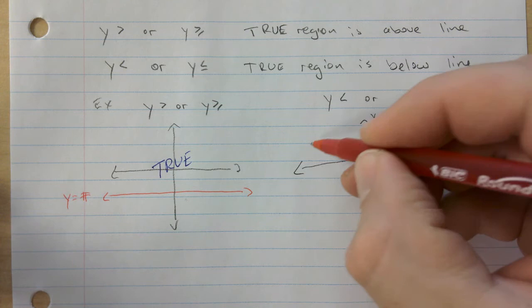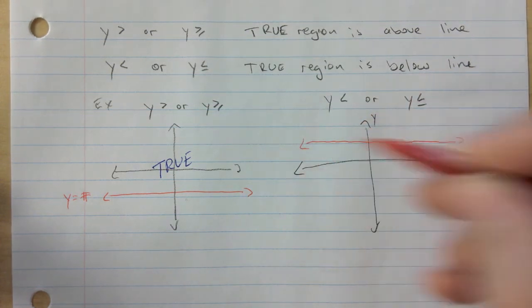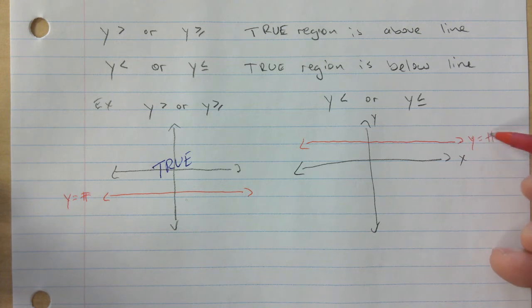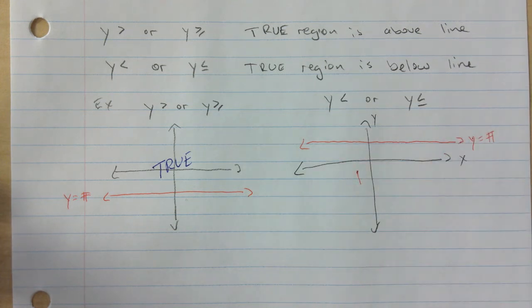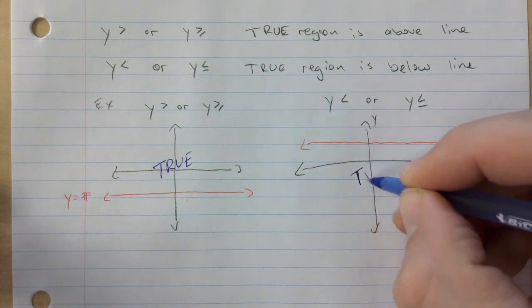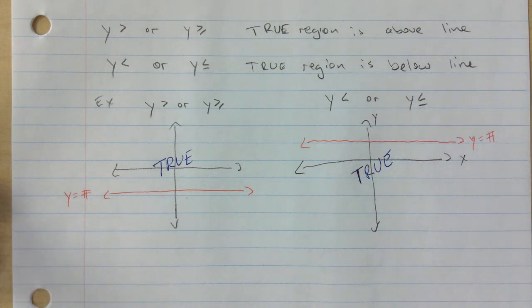Let's say your line is up here somewhere. The true region would be down here. And this is exactly the same as what we've talked about with diagonal lines, except here you have horizontal lines.